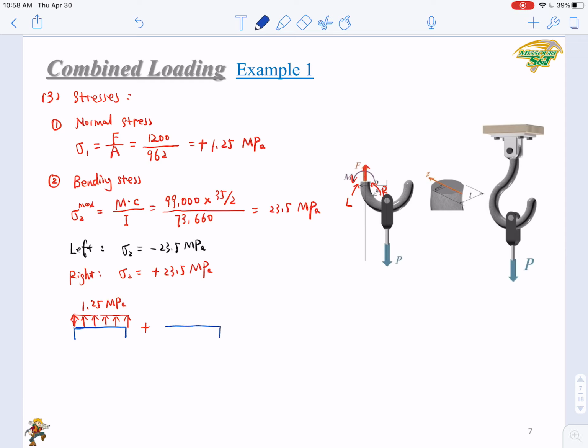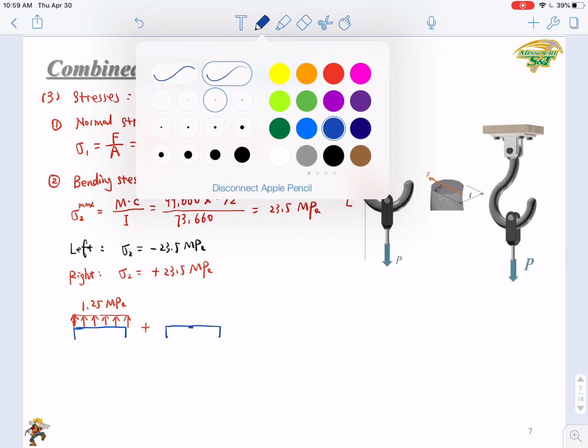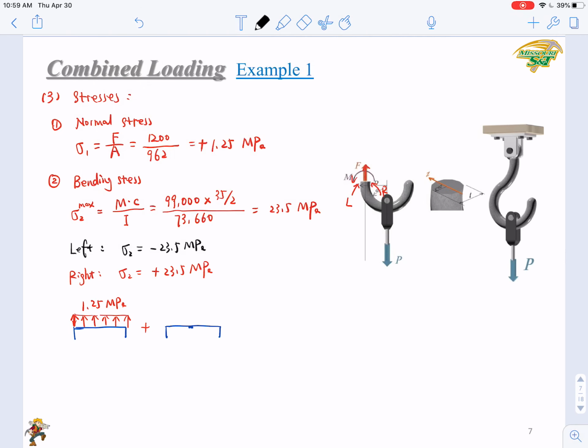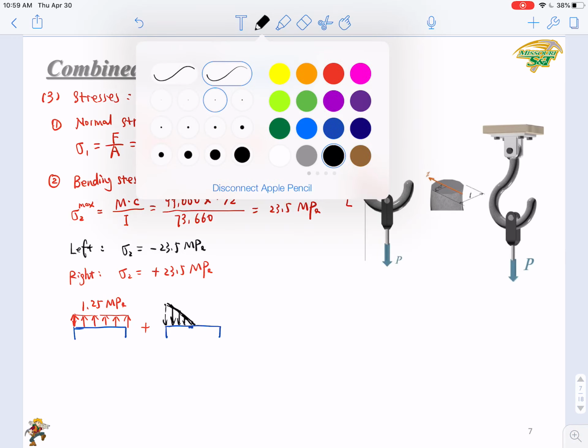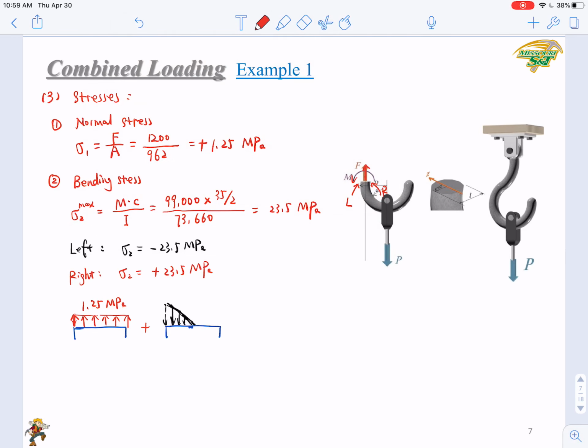Okay, the same cross section. It will be in compression on the left-hand side, and tension on the right-hand side.